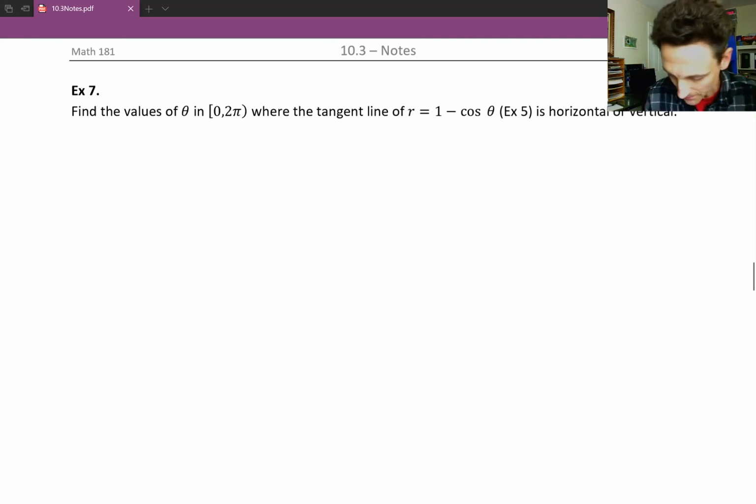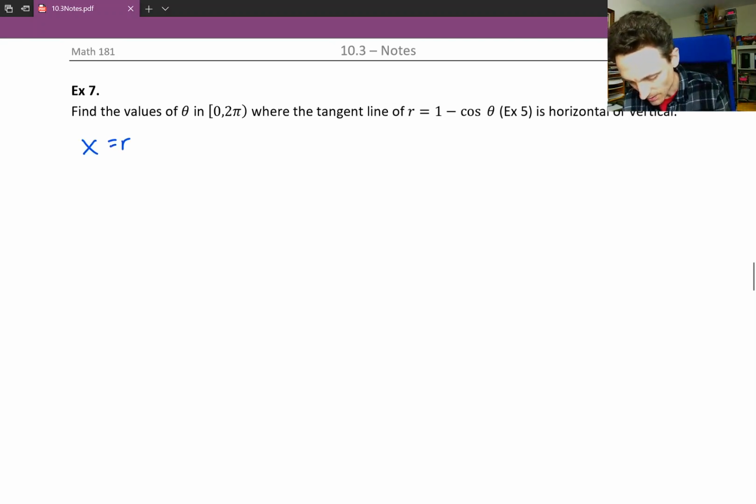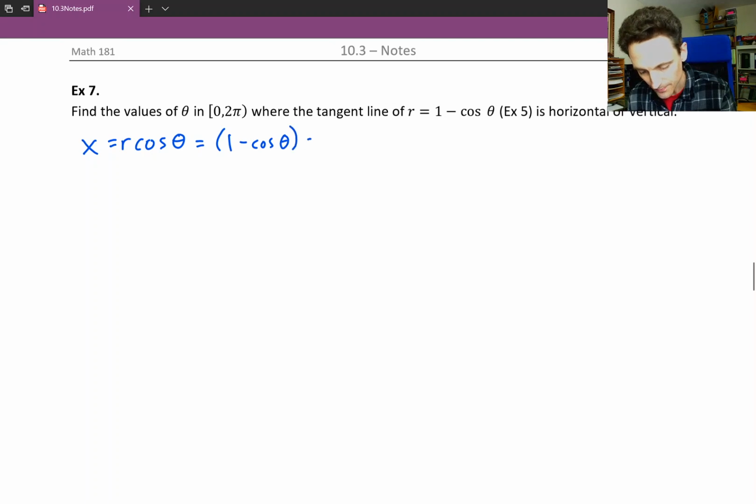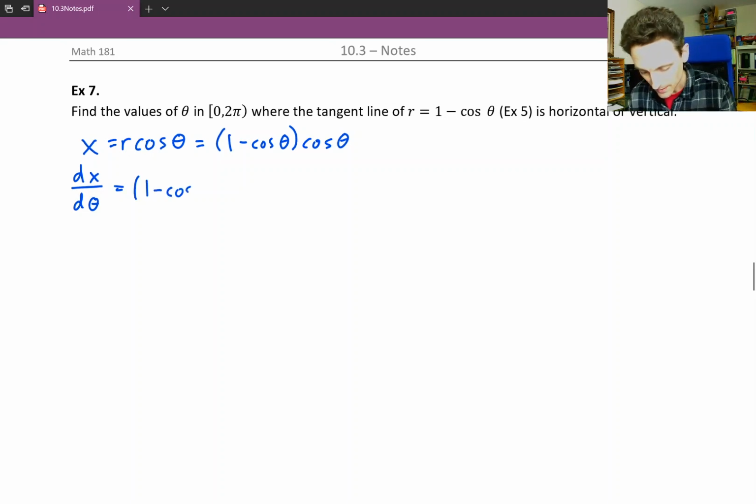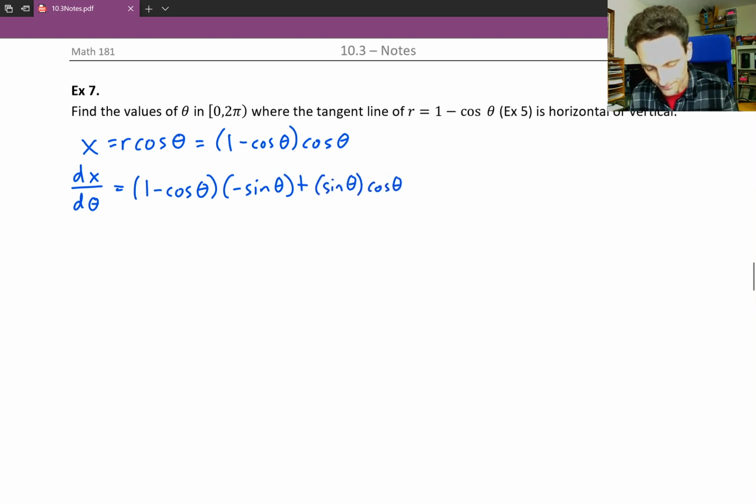We can start by writing x equals r cosine theta, where r is 1 minus cosine theta. And then find dx d theta by taking the derivative. Here we're going to use a product rule. First times derivative of second plus the derivative of the first, which would be sine theta, times the second.